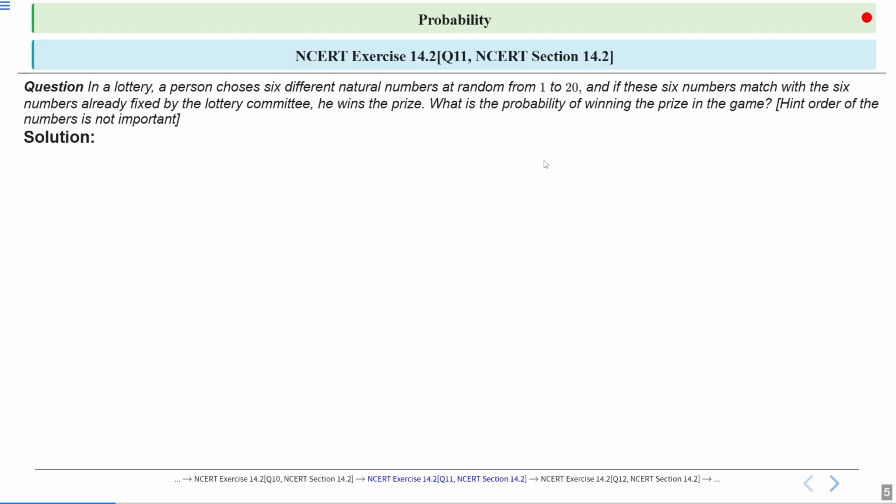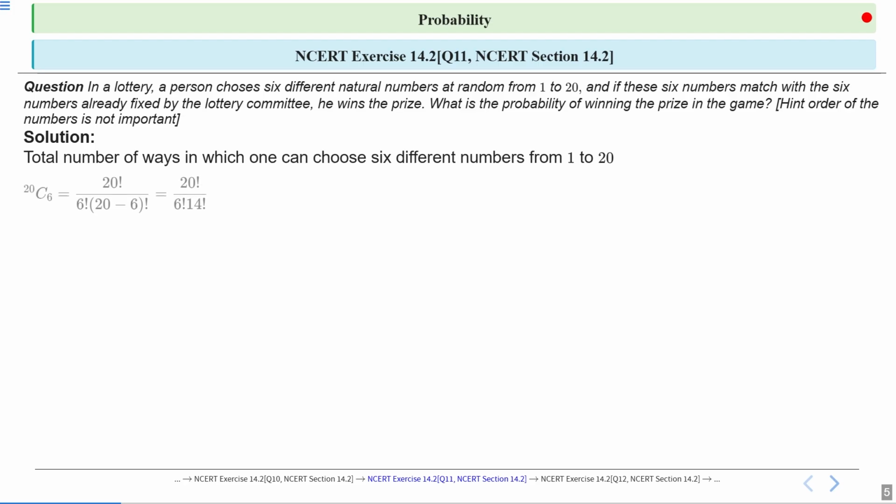So first, the total number of ways in which a person can choose 6 different natural numbers at random from 1 to 20 is 20C6.